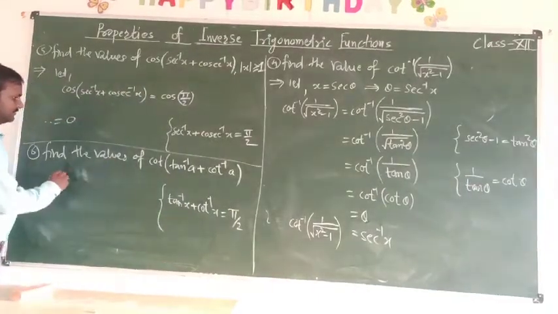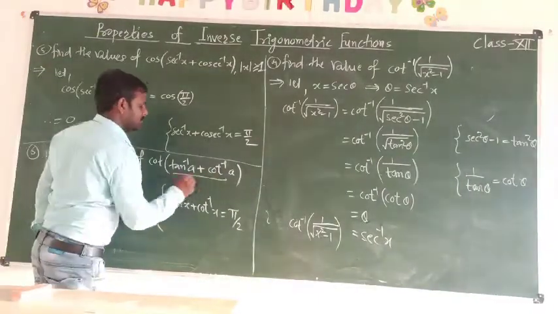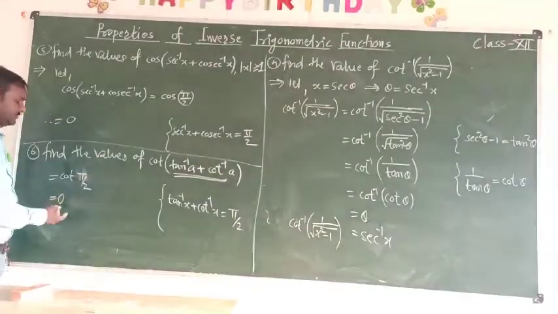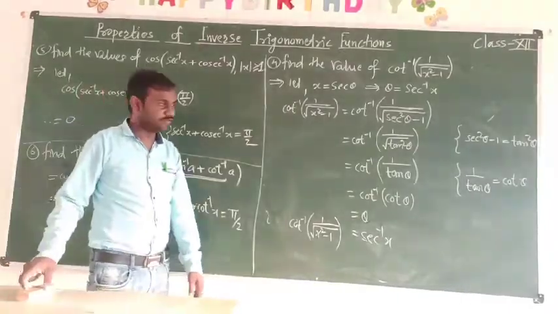So we get cot of pi by 2, which is equal to 0.